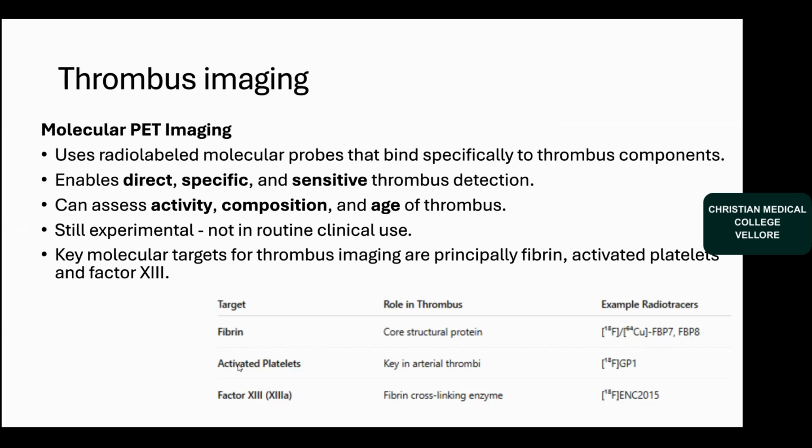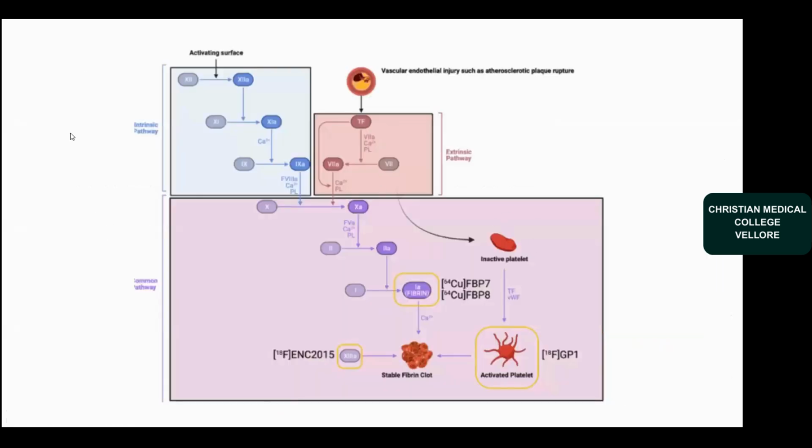Then if the target is activated platelets, F18 GP1, glycoprotein 1. And if it is factor 13, which is the fibrin stabilizing factor, F18 ENC 2015 will target factor 13A.